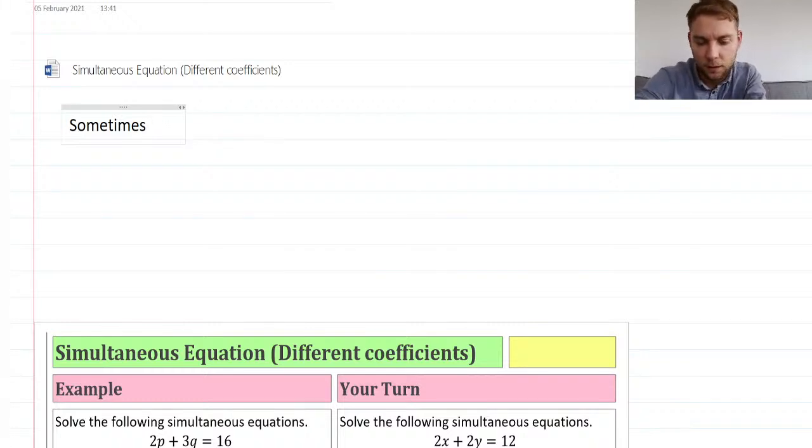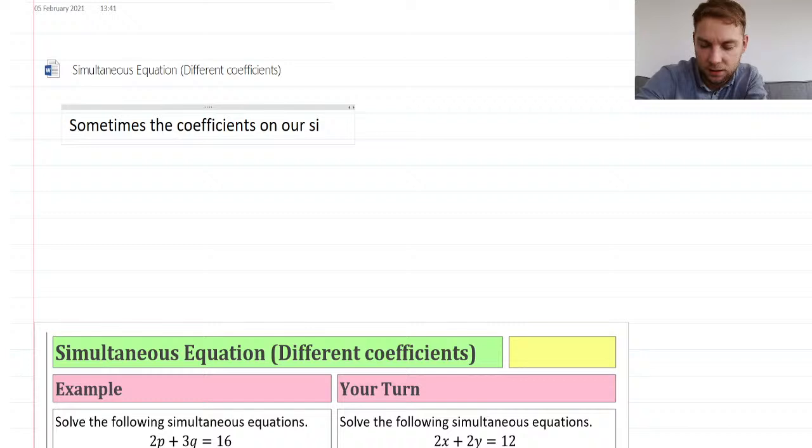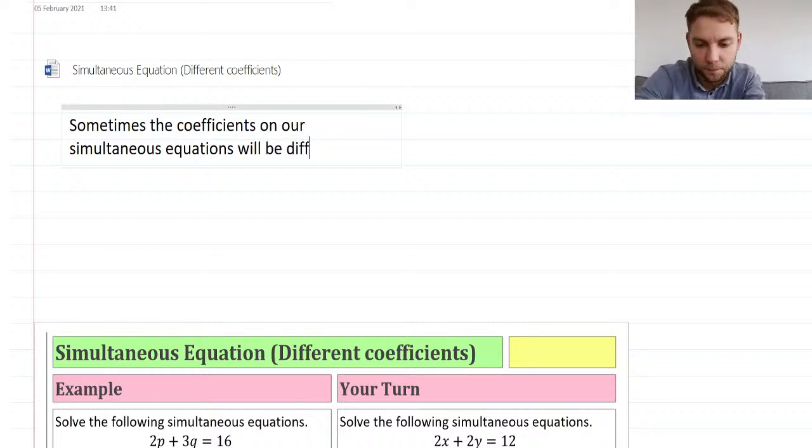Sometimes the coefficients on our simultaneous equations will be different.